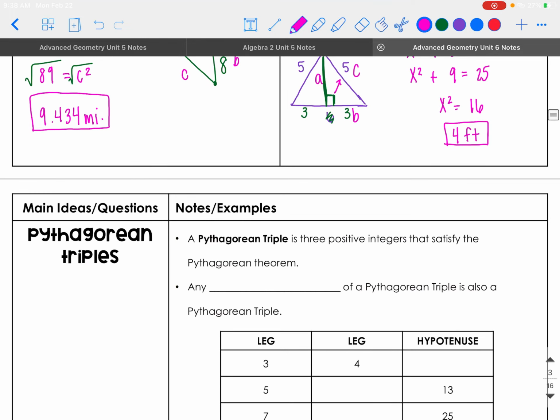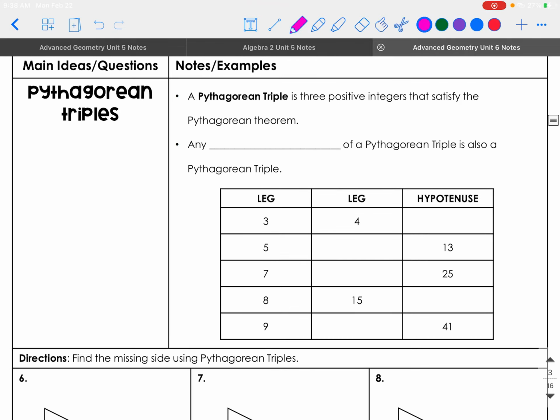One thing that will help you be a little faster and maybe avoid doing the Pythagorean theorem is if you know some of the Pythagorean triples. These are great to know and to memorize, especially for the ACT. A Pythagorean triple is 3 positive numbers that fit the Pythagorean theorem, but they're whole numbers.